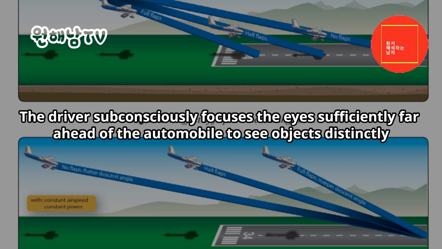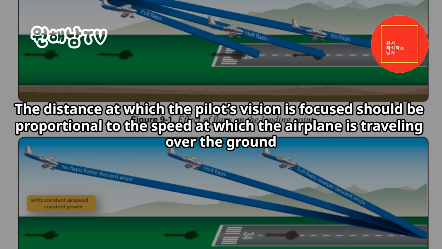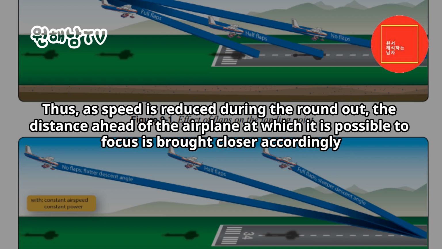The driver subconsciously focuses the eyes sufficiently far ahead of the automobile to see objects distinctly. The distance at which the pilot's vision is focused should be proportional to the speed at which the airplane is traveling over the ground. Thus, as speed is reduced during the round out, the distance ahead of the airplane at which it is possible to focus is brought closer accordingly.